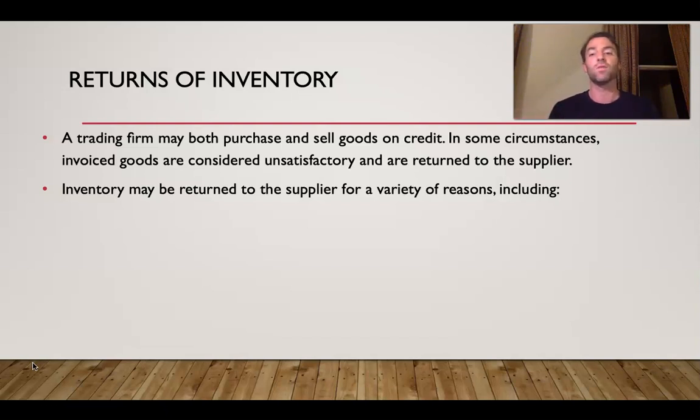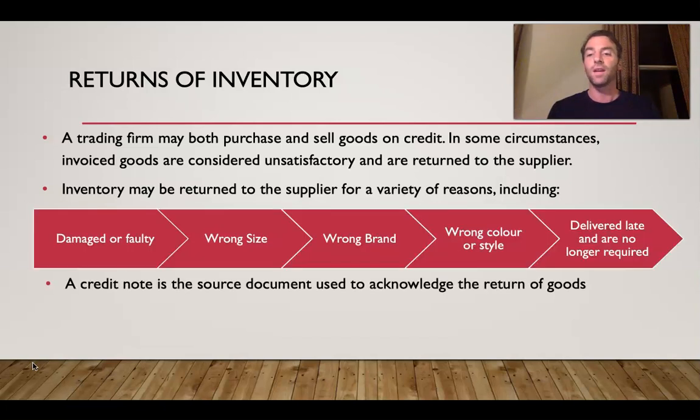What are some of the reasons why you might return it? They could be damaged or faulty. It could be the wrong size, so you've ordered size large t-shirts to sell in your business and they've given you mediums. They could have given you the wrong brand. It could be the wrong style or color that you ordered. Or it could just be actually delivered the perfect good, but it's delivered late and you no longer require it.